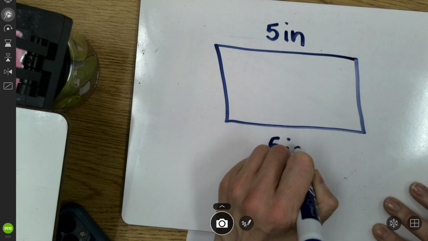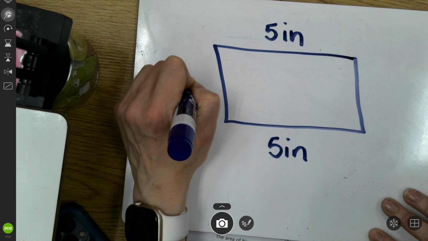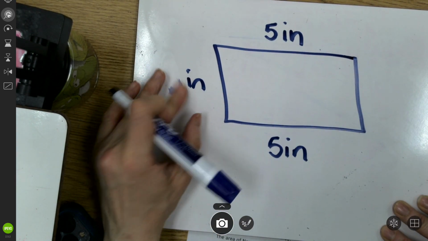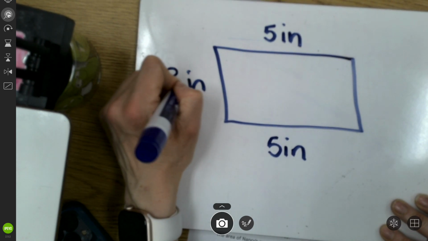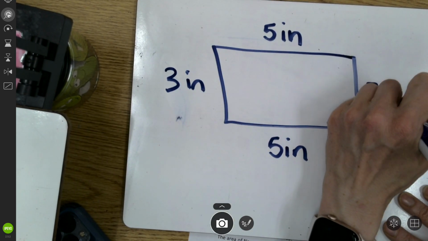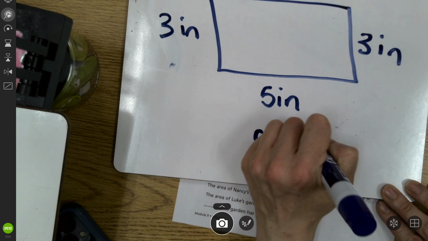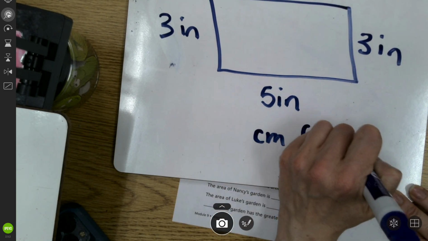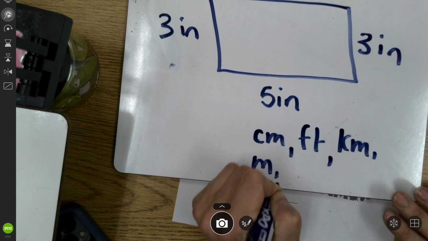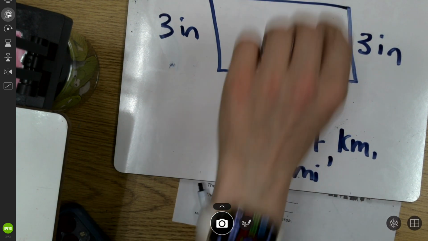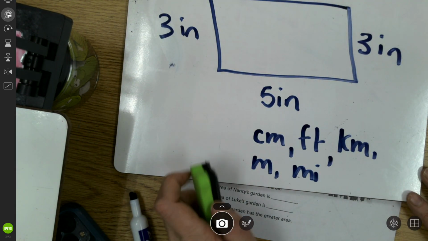Now a unit is a type of measurement. So here we have inches, but you can also have centimeters, which are smaller than an inch. You can have feet. You can have kilometers. You can have meters. You can have miles. Okay, there's all different forms of measurement.